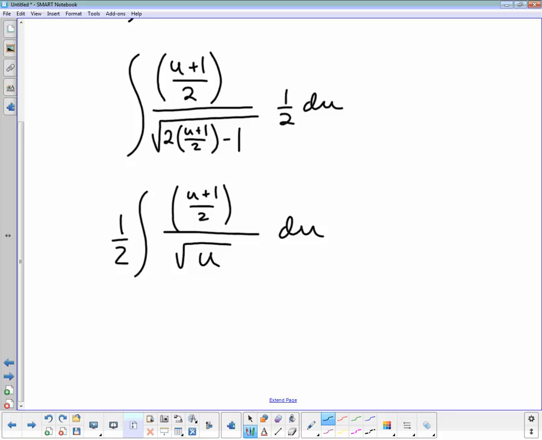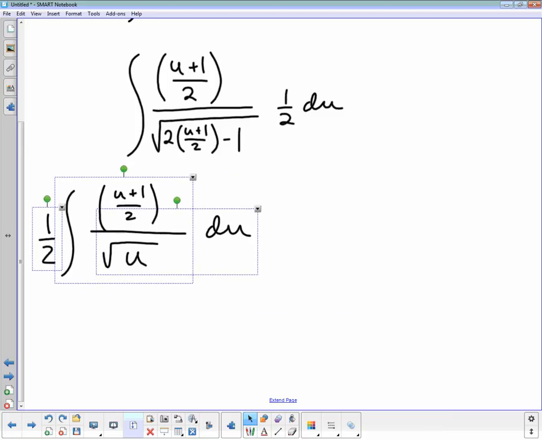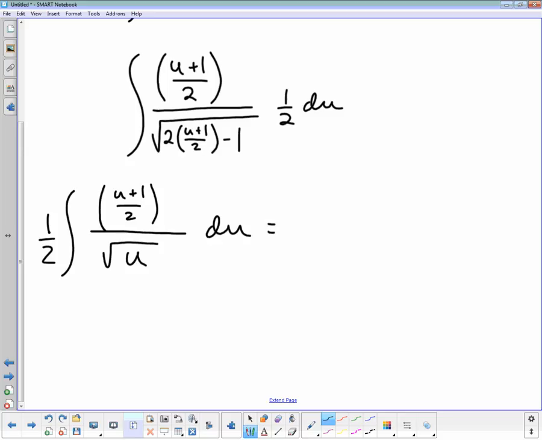Pull that 1/2 out. The beautiful part about this now is that I have a single item in my denominator. And even though I've got more than one term in my numerator, who cares? I can split up my fraction.